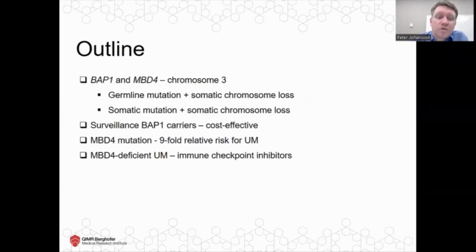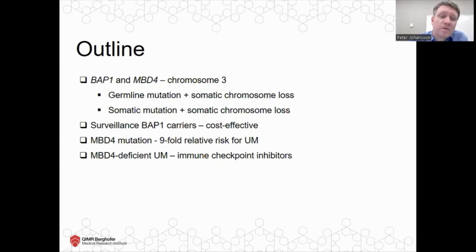I want to talk about two of the most prevalent high to medium risk genes in uveal melanoma, namely BAP1 and MBD4, which are both located on chromosome 3. Mutations in BAP1 and MBD4 occur both in the germline, increasing the risk for uveal melanoma, and they also occur somatically in the tumor.